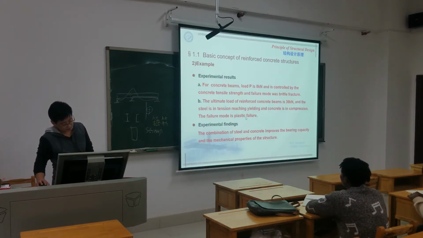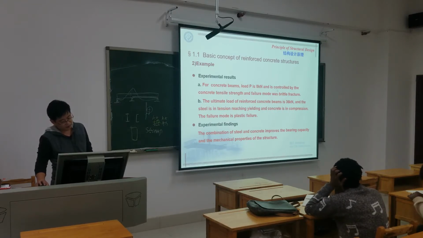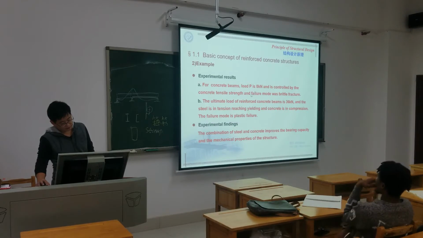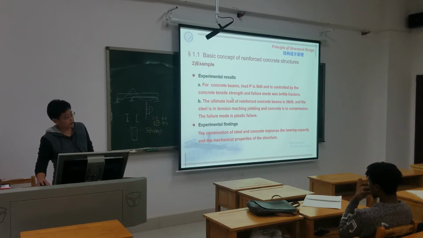So these are some of the results of this test. For the plain concrete beam, the load is only 8 kilonewtons, and it is controlled by the concrete tensile strength, leading to the brittle fracture. That means when the beam is destroyed, it's controlled by the tensile strength of the concrete.